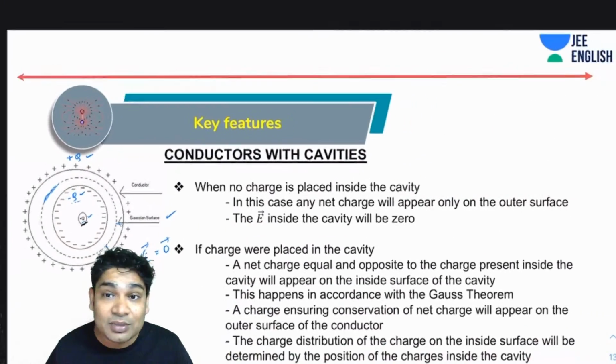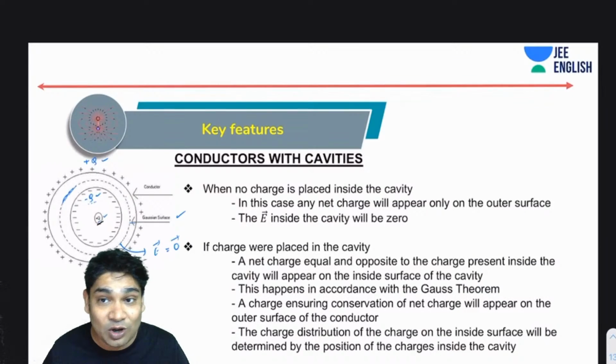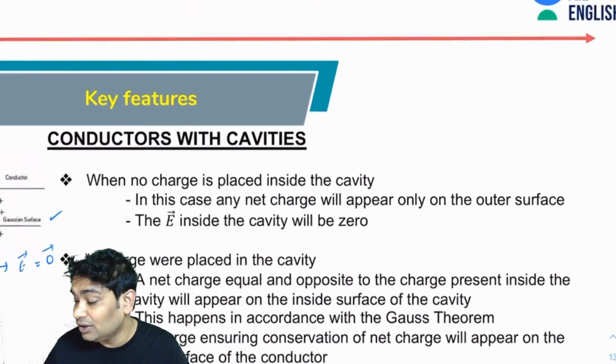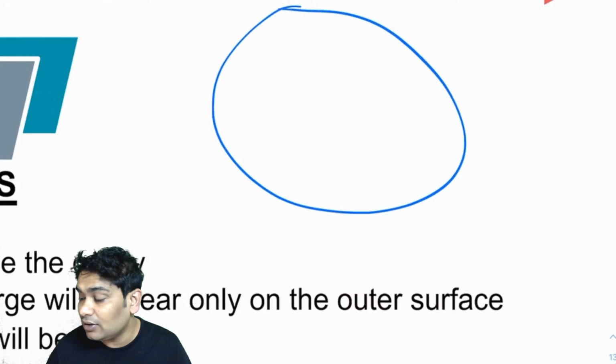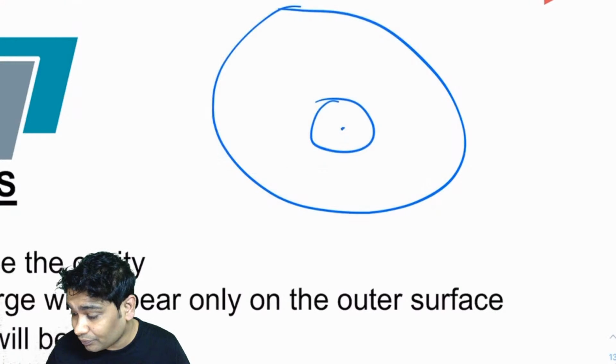Now the charge distribution on the inner surface will be determined by the position of the charge in the cavity. I think we had talked about this also the last time. Suppose this is my conductor and this is my cavity. If the charge was placed perfectly in the middle, then the electric lines that would be originating would be symmetrical.